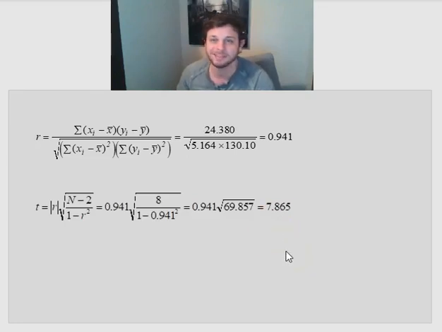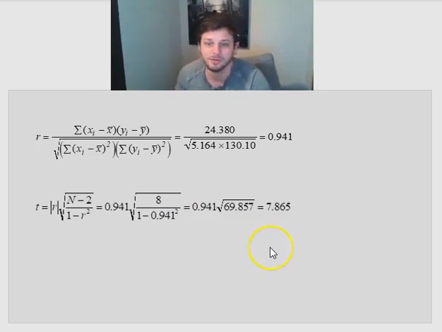If we match this up with our t table, we have 8 degrees of freedom. We go down to our p being 0.5, and this thing is a lot larger than that. We can actually look at the p-value of 0.001, so even smaller than 0.5, a lot smaller than 0.5.